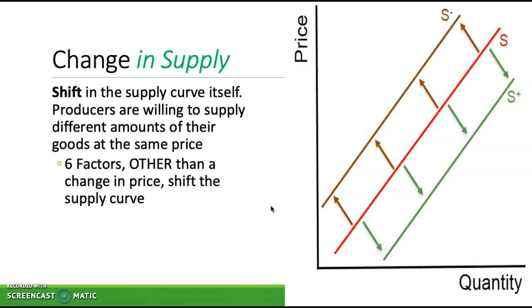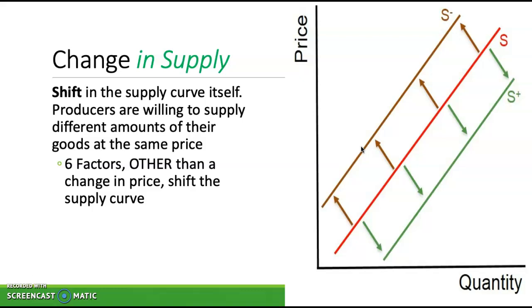Now remember, when we are talking about a change in supply, we are no longer moving along the supply curve. We're talking about a shift in the supply curve itself, an overall change in supply. This shows us that producers are willing to supply different amounts of their goods at the same price. So there are 6 different factors that will shift the supply curve, other than a change in price.